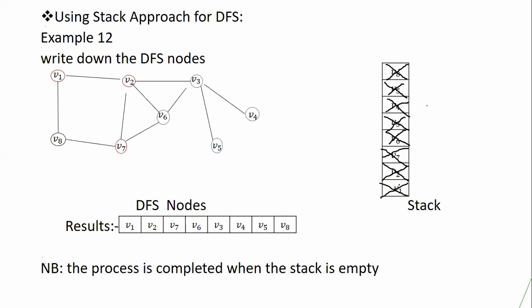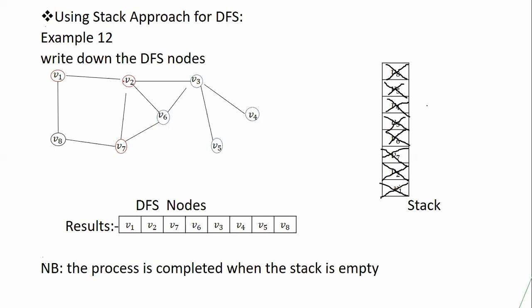Then having done that, you pick any adjacent vertex to vein 1.